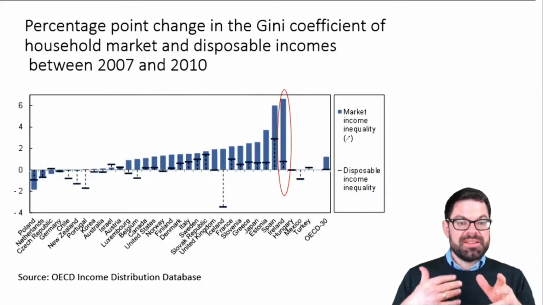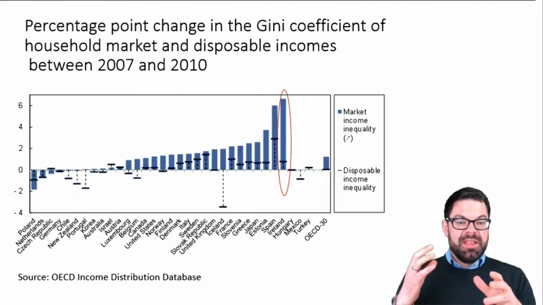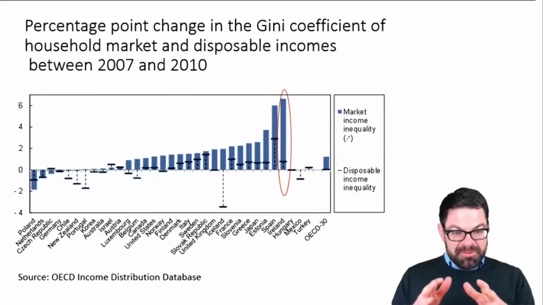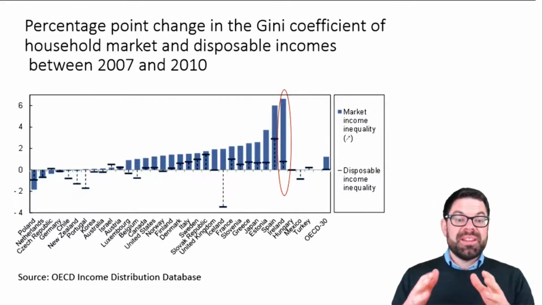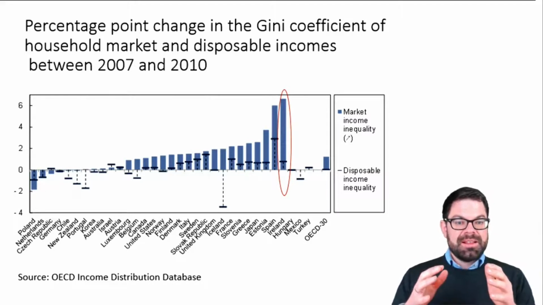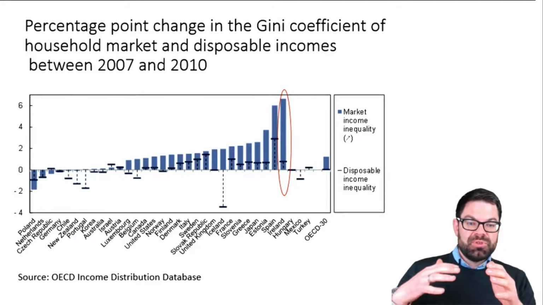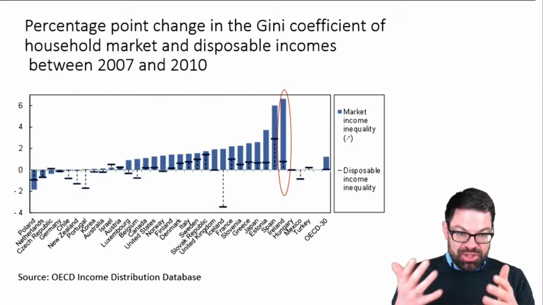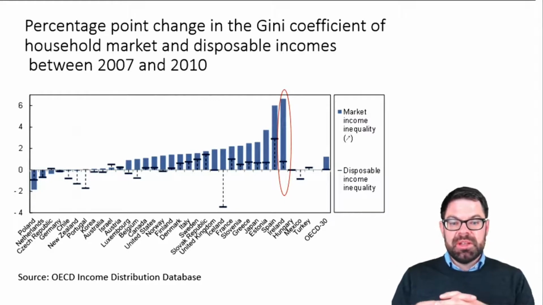Because if it turns out that inequality after taxes is hugely affected, that's very, very bad. But if the welfare state, if redistribution does a good job, it can actually cushion a lot of those shocks to people's jobs. That's where Gini coefficients can be quite useful.